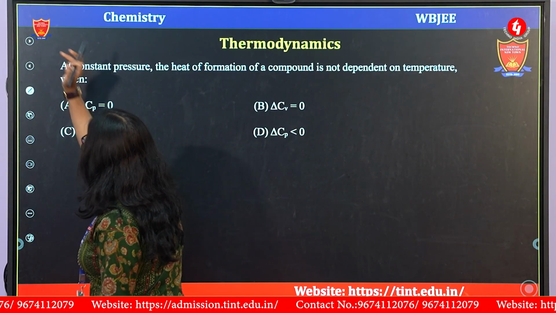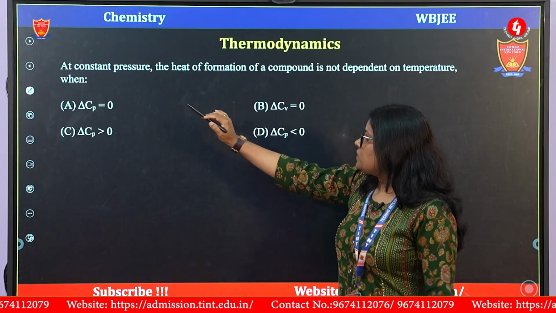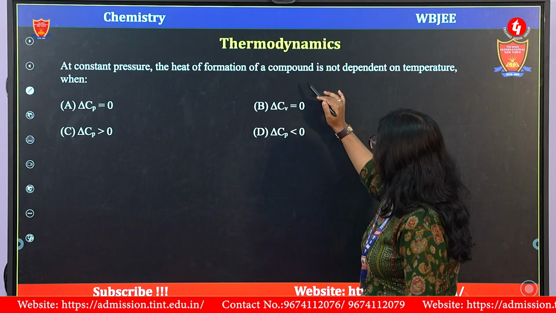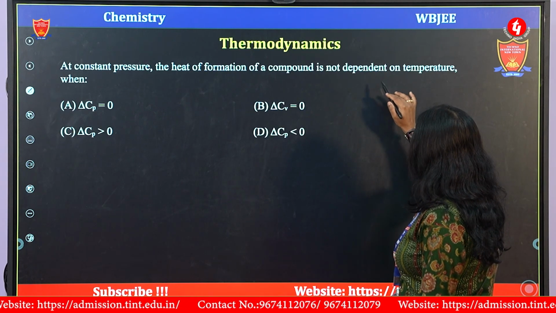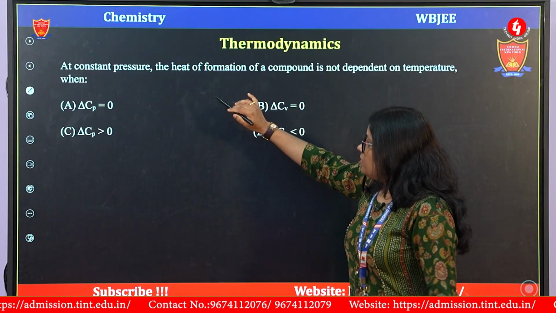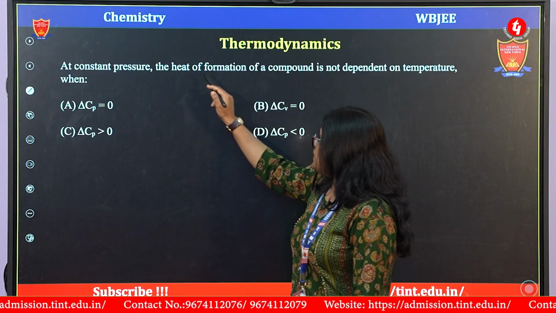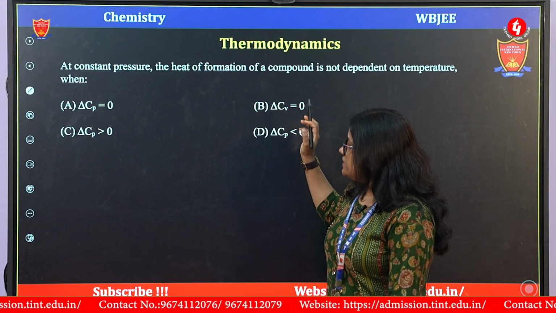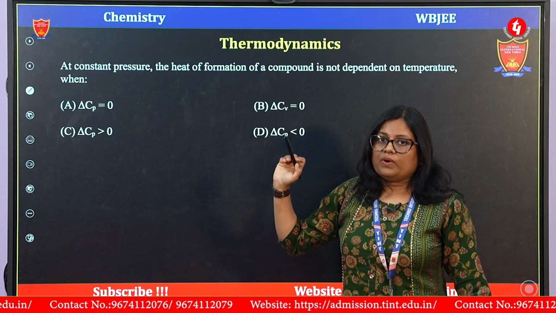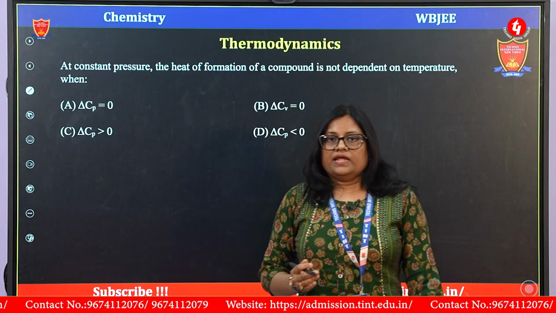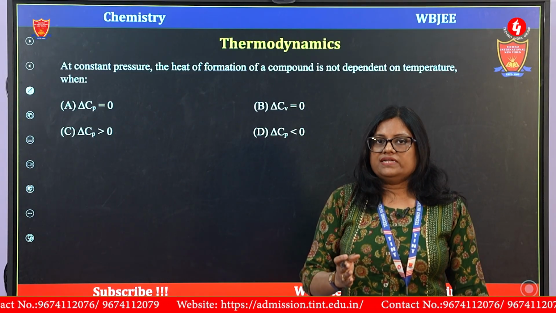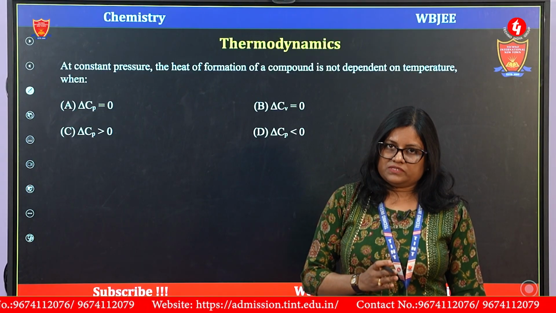Next question. At constant pressure, the heat of formation of a compound does not depend on temperature. At constant pressure heat of formation, that is, we are considering Cp. What is heat of formation? Heat required to increase the temperature by 1 degree centigrade of 1 gram of substance.